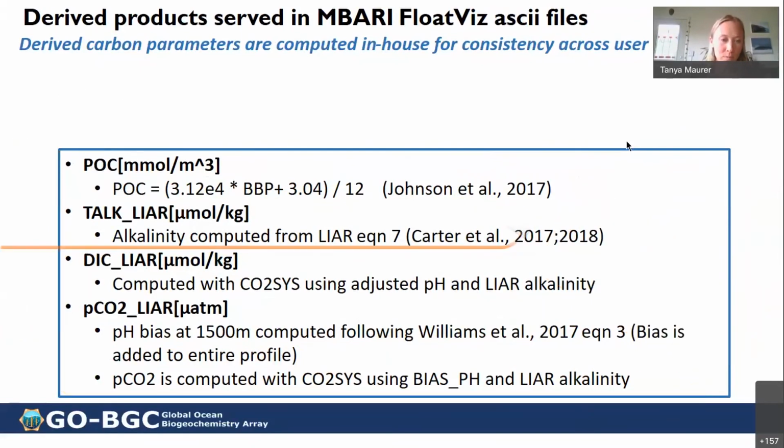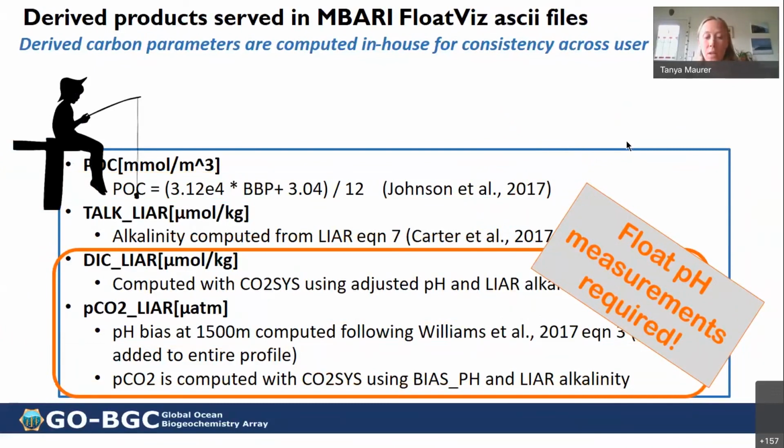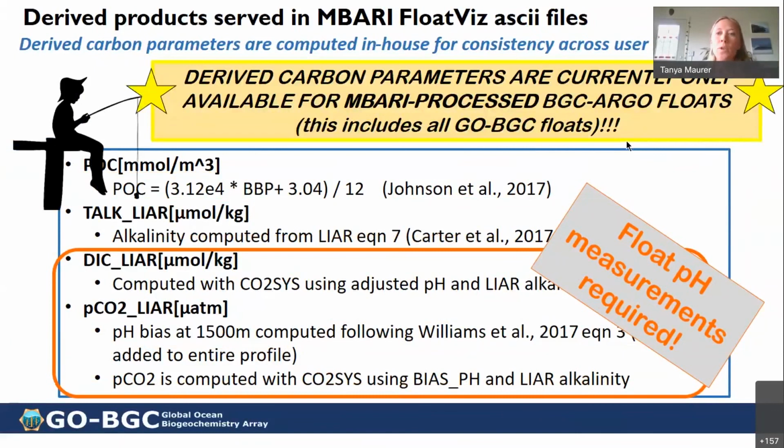There are details in the headers of our ASCII files that run through all of the equations and coefficients that we use to get those to you. In the future, we may move towards providing users with the tools and routines themselves to compute these for floats that are outside of our management system. Again, these parameters are currently only available for MBARI processed BGC Argo floats, and this does include all GO-BGC floats and floats within the SOCCOM array.